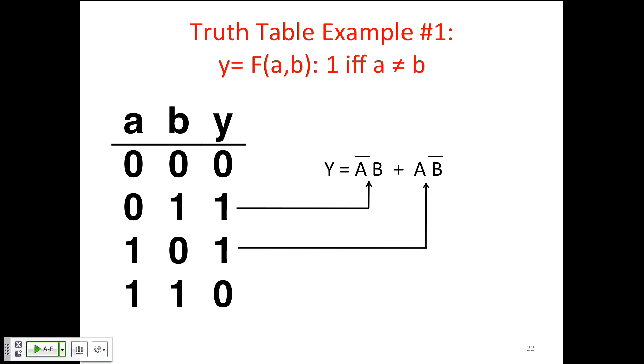So if A is 1 and not B is 1, this whole expression is a 1. So if either this is true or this is true, the plus means or, right? So product is like an AND, the plus sign is like an OR, and that's how you write out the logic function symbolically. And it turns out this is another standard gate we call an exclusive OR gate.